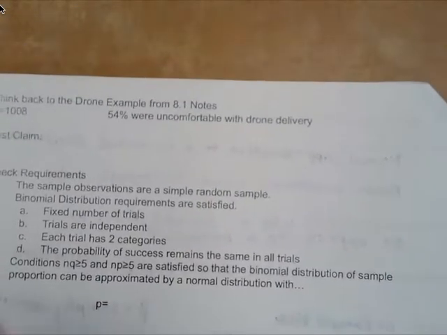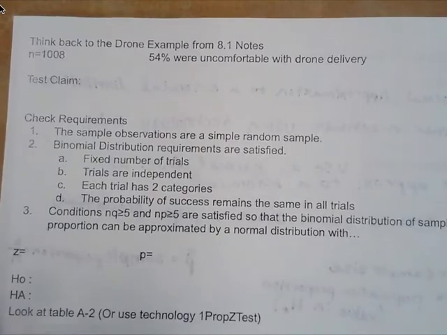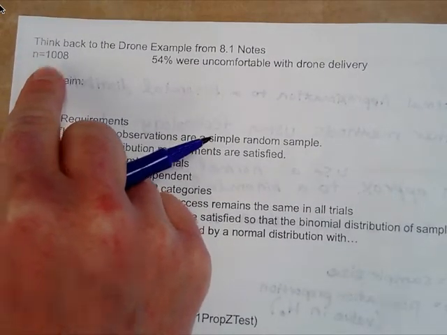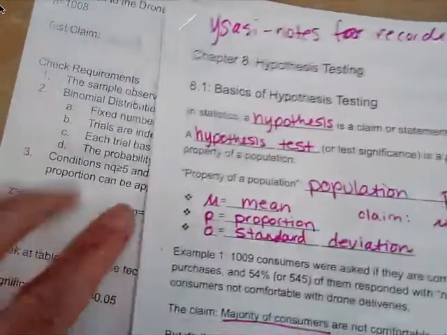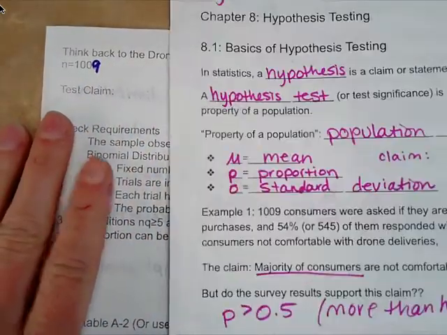Okay, so let's think back to that drone example. Are you comfortable with the drone delivery from 8.1? Our sample size was 1,008. Let me pull it up real quick. Oh, no, it's 1,009. Oops, fix that. 1,009.